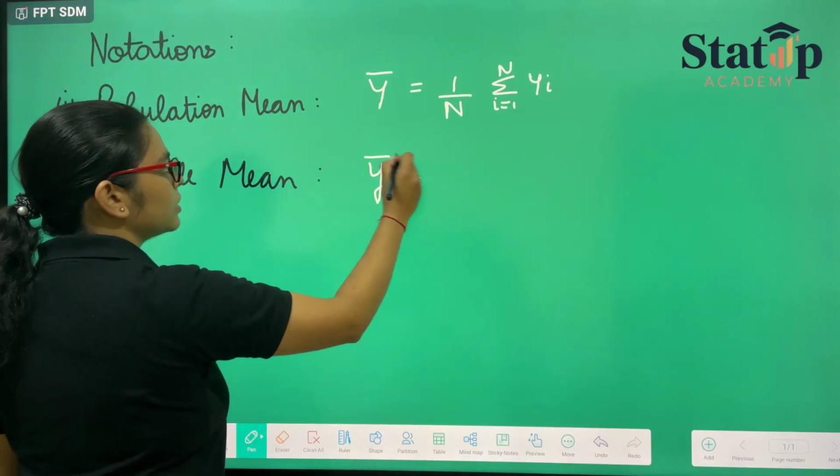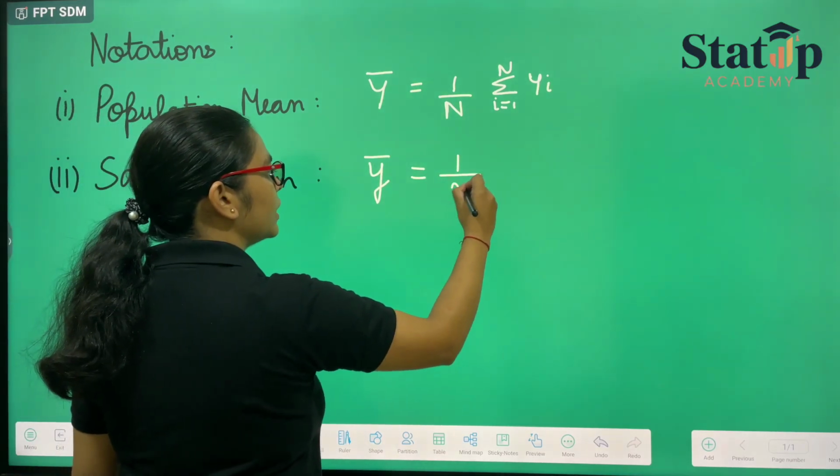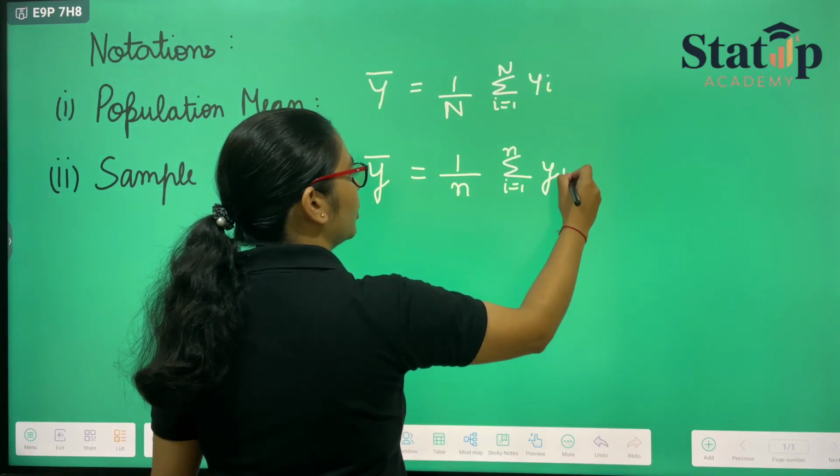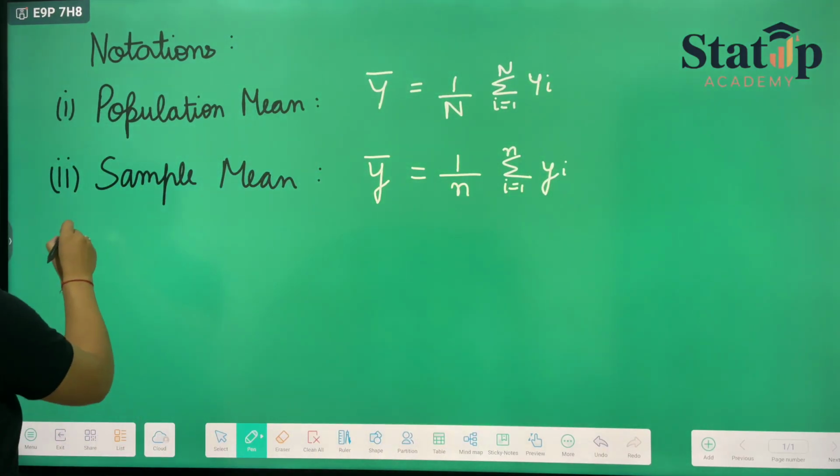Small y bar is equal to 1 upon small n, summation i goes from 1 to small n, y i.